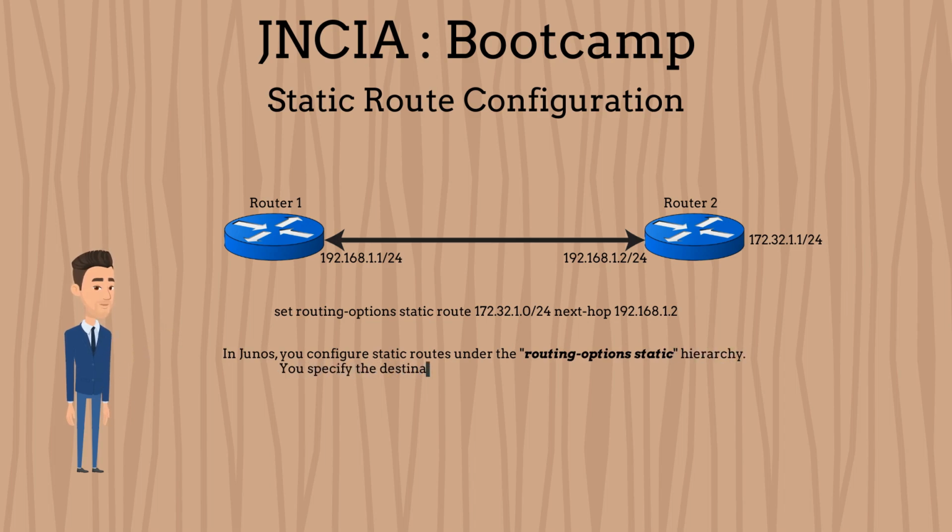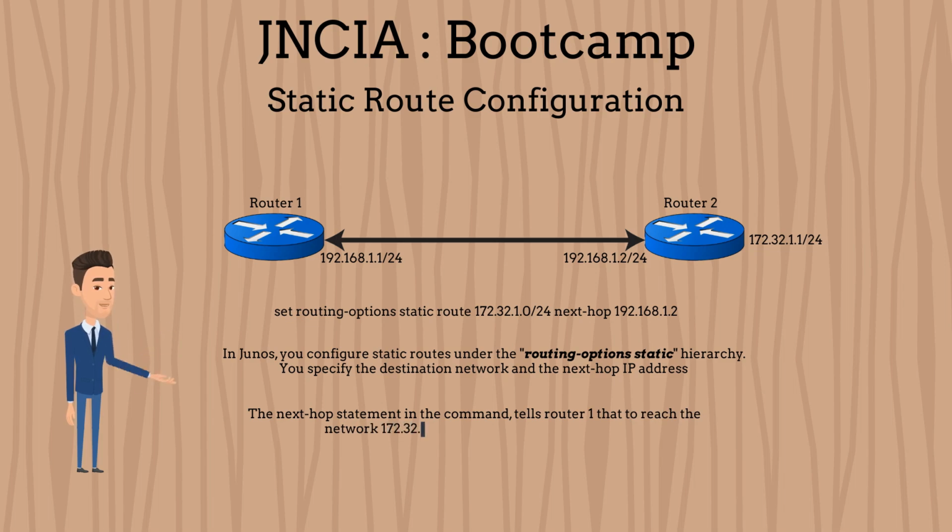You specify the destination network and the next hop IP address. The next-hop statement in the command tells router 1 that to reach the network 172.32.1.0/24, you need to send packets to 192.168.1.2.